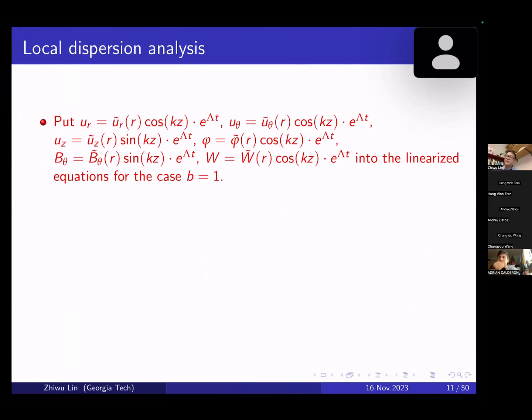Let's assume capital lambda is our unstable eigenvalue. Then you plug in this so-called normal mode into the linearized equation. Here, let's assume the magnetic field is uniform for the moment. In other words, the strength profile B is identically equal to 1.